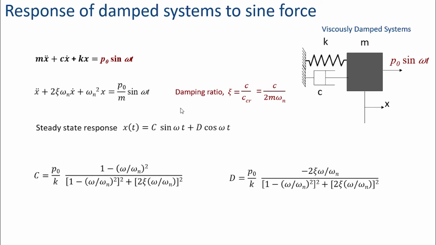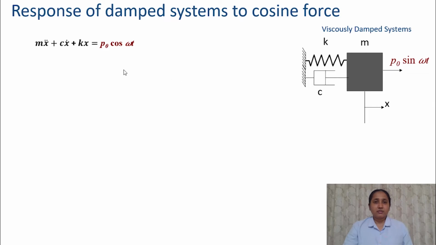Now let's look at the response of a damped system under cosine force. If we do a similar derivation as in the case of sine force, we can find the response due to a cosine force.